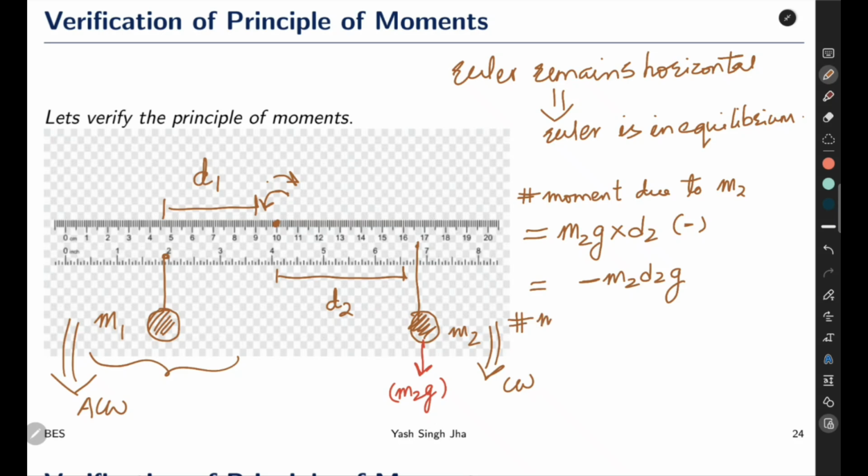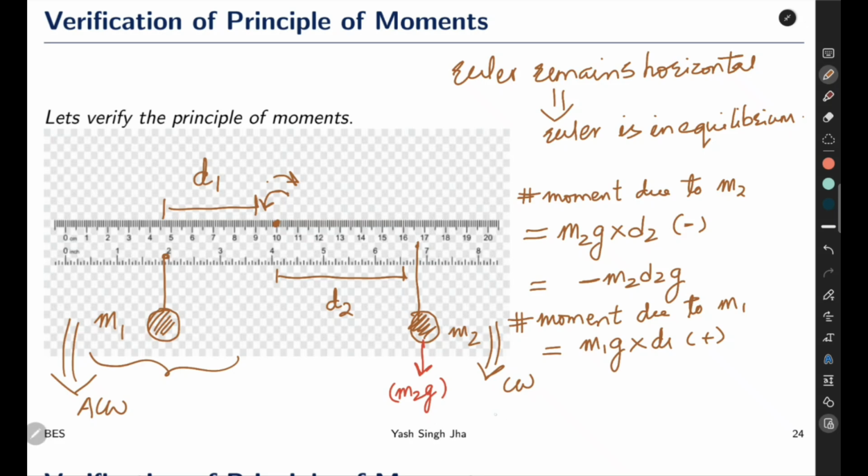Similarly, the moment due to m1 is the weight of m1, which is m1g times d1, and it is positive since it is causing an anti-clockwise turn. Since the ruler remains horizontal, or is in equilibrium, the sum of anti-clockwise moments and the sum of clockwise moments are the same.